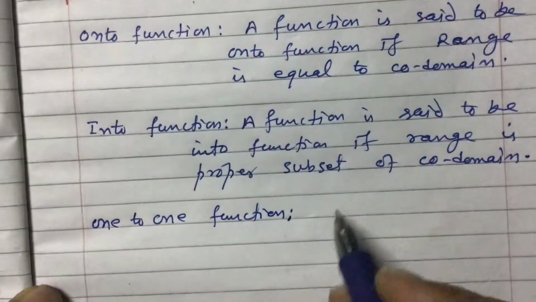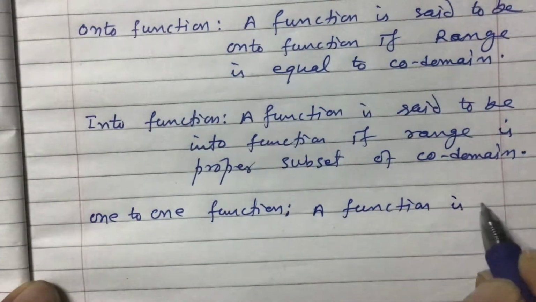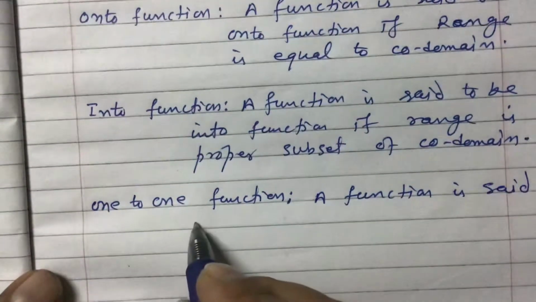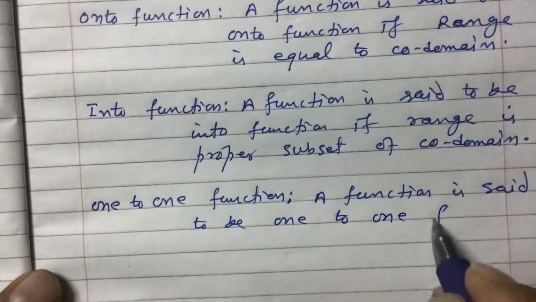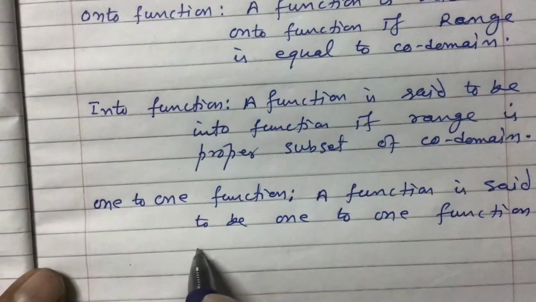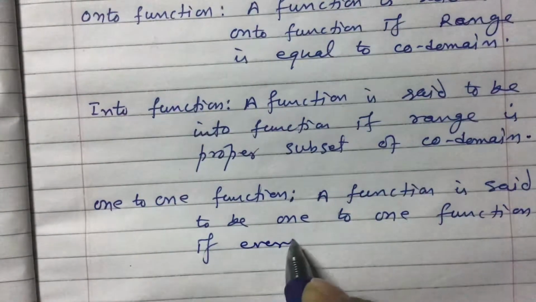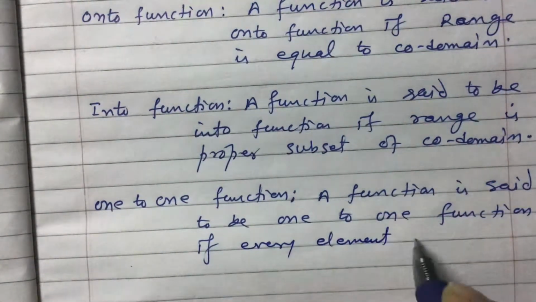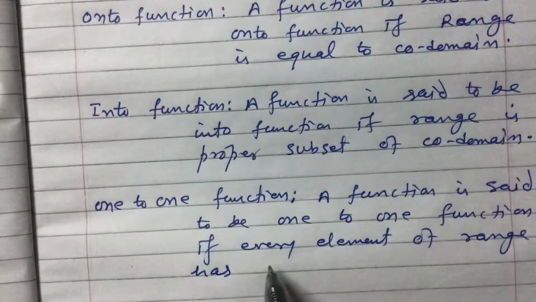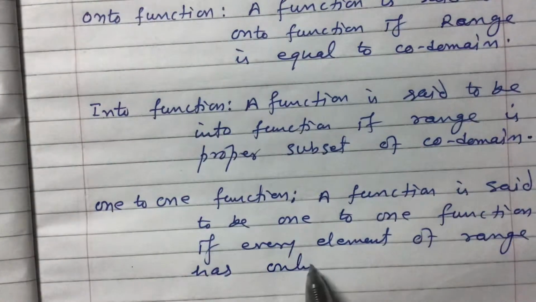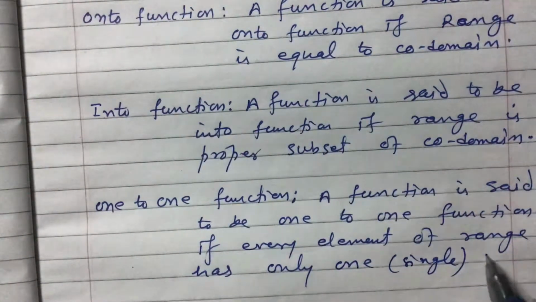A function is said to be one-to-one function if every element of range has only one, that means single, pre-image.